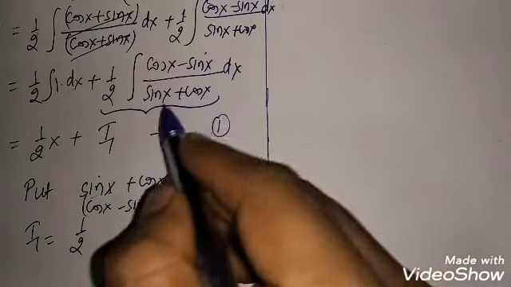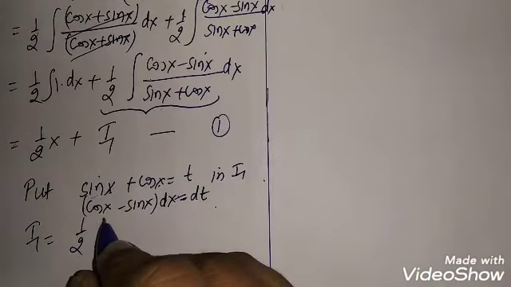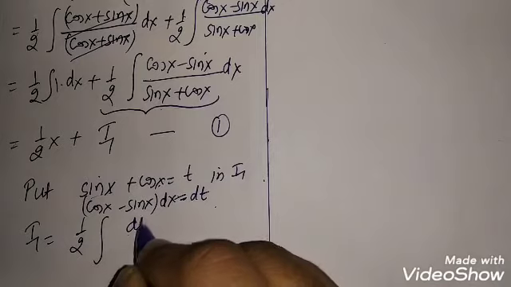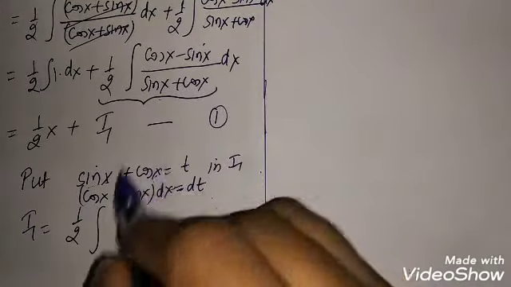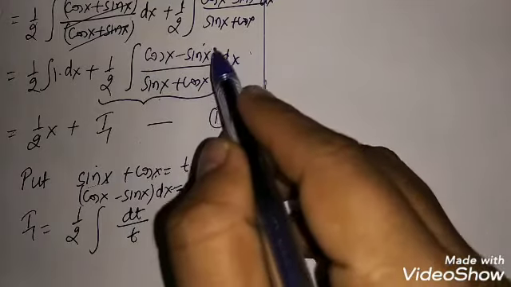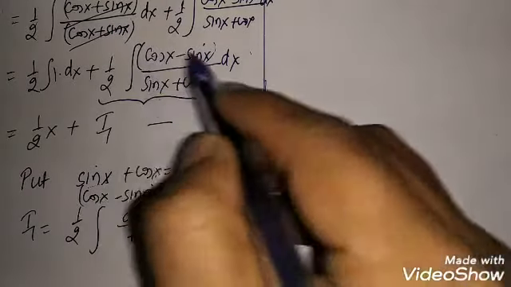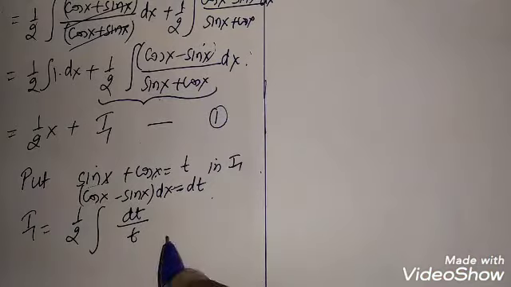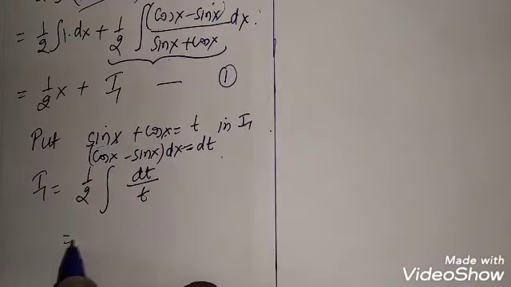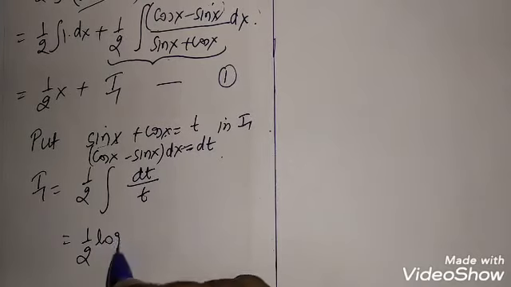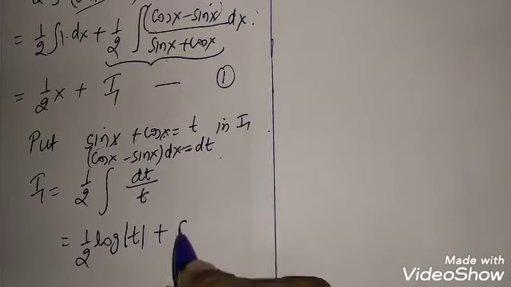It's quite easy. I am just taking the derivative of the denominator. 1 by 2 integration of dt upon t. Obviously this whole numerator is equal to dt, and the denominator is t. So I can write it as 1 by 2 log of mod t plus c.